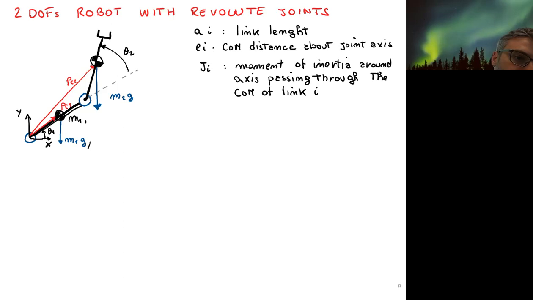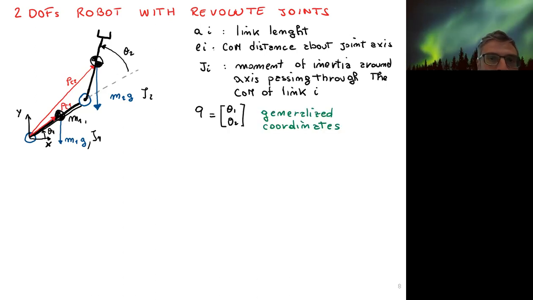So this is J_1 and J_2. Pay attention not to confuse with the Jacobian, because now as generalized coordinates you have theta 1 and theta 2, as usual.